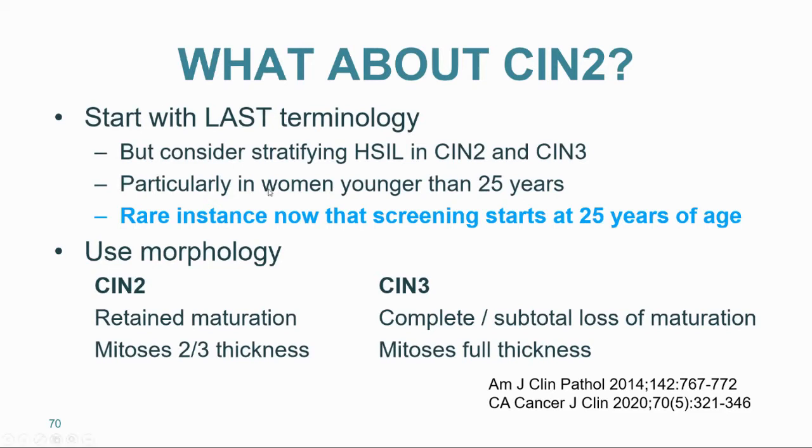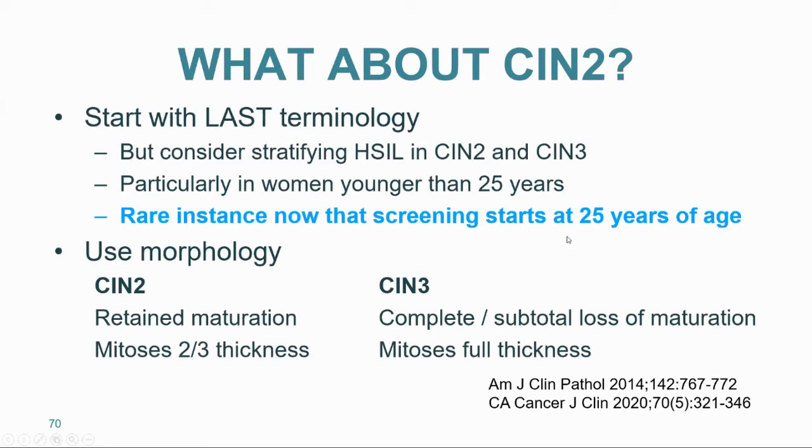So if the woman is younger than 25 years, or your colleagues ask you to make the effort to classify the lesion as CIN2 or CIN3, because it may matter for management purposes, then we should try to make that distinction. Fortunately, this is going to be even more rare in the future, because screening is going to start at the age of 25 years.